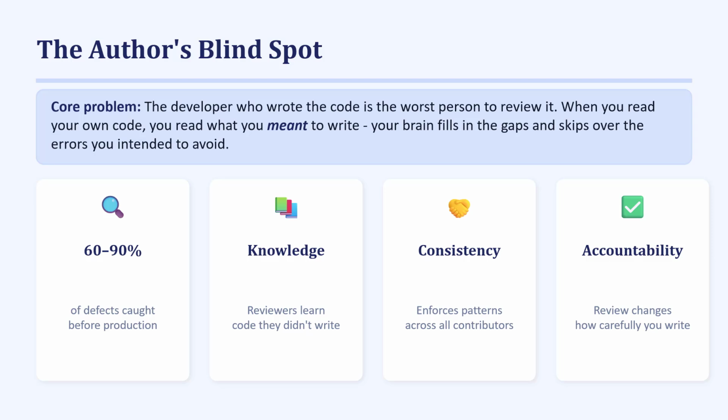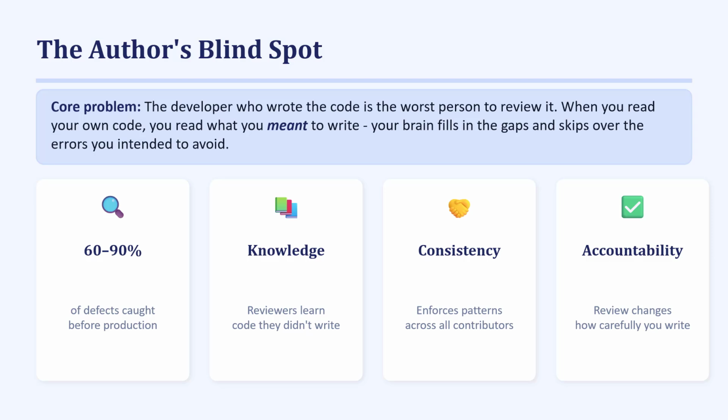And really, that helps us prevent a couple of different things. So first off, studies consistently show that code review is going to catch 60 to 90% of defects before they reach production. And again, it's just because we are often blind to the fact that we made assumptions, or we didn't think the problem through fully, or we just got really caught up in the forest and missed some trees.